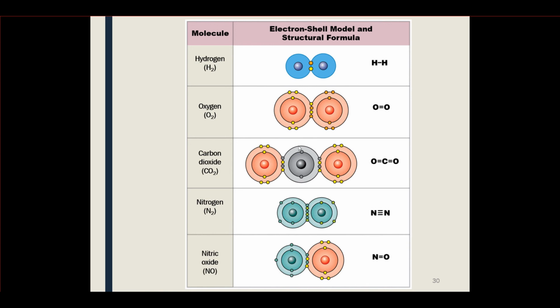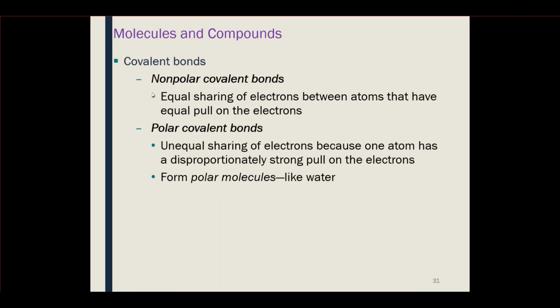Even if I cut straight through carbon here, the left is a mirror image on the right. And same thing with nitrogen. So the electrons are shared equally. So non-polar covalent bonds are the sharing of electrons, but it's an equal sharing of electrons, and there's an equal pull on each side. But that is not the case always.